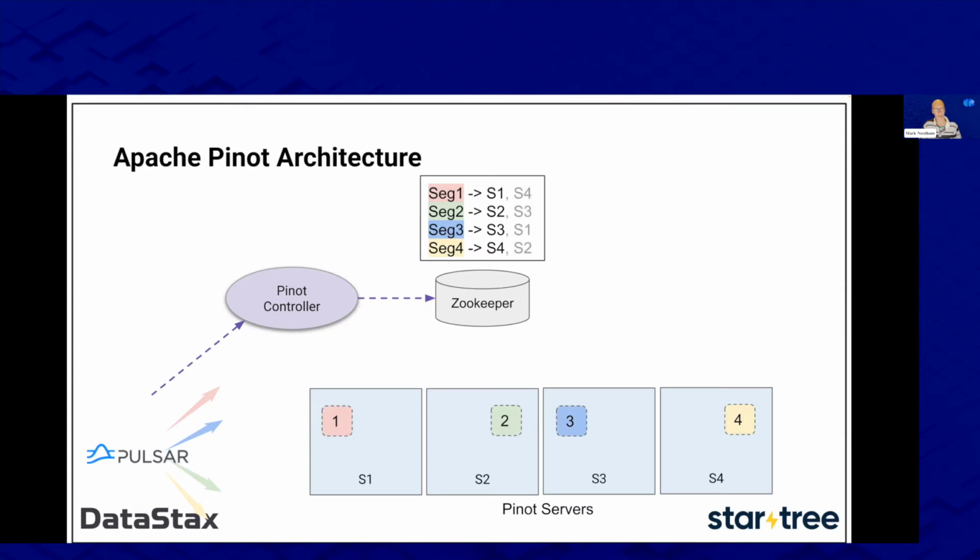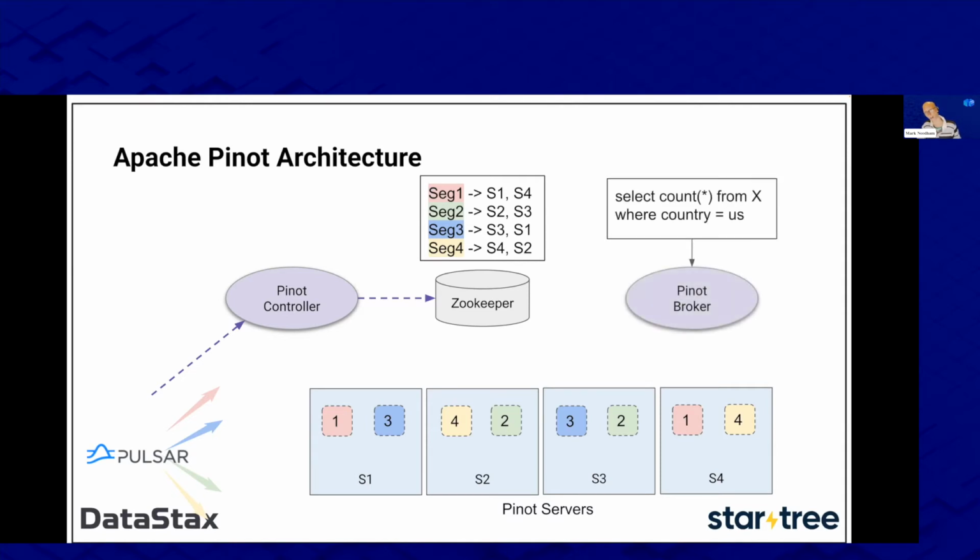You can also set it up with a replication factor if you're running HA. Similar to Pulsar, it uses Zookeeper to manage the metadata. That's the controller. The server is where the data is actually stored. When you're ingesting data, the server does that work, connecting to Pulsar using one of the clients and bringing the data in.